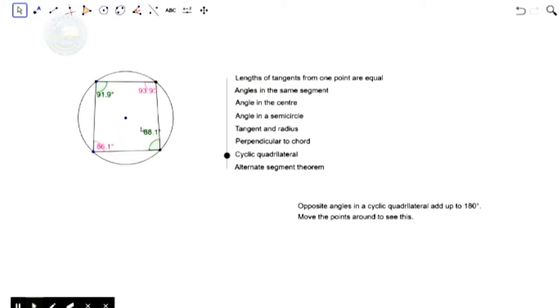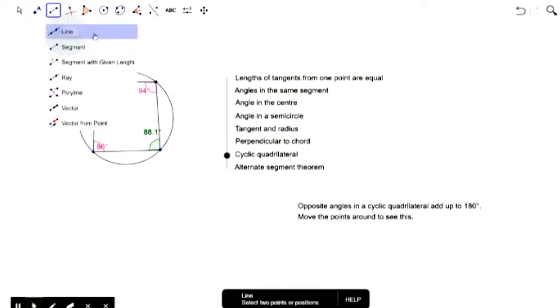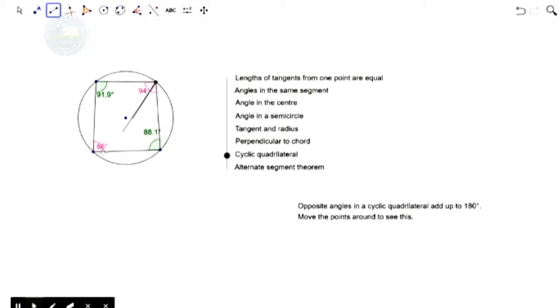And similarly, if we were to change this one, then we realize that this value isn't changing, but the other two are. Because if we were to take this as our segment instead, then we have the application of the rule that angles in the same segment subtended at the circumference are equal.